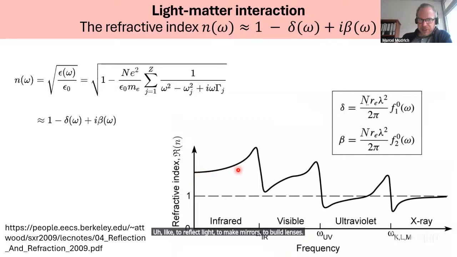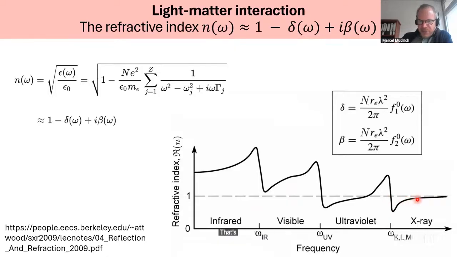Refraction is very efficient in the infrared. But you can already see that going towards the UV and then into the X-ray range, the index of refraction typically becomes very close to one. Only very small variations from one.